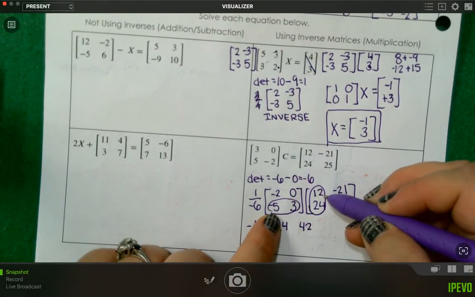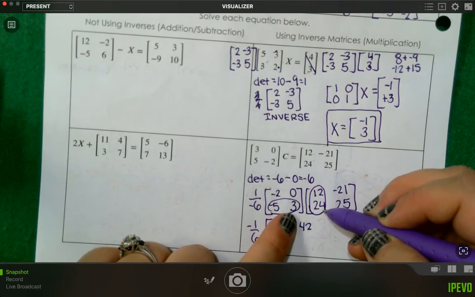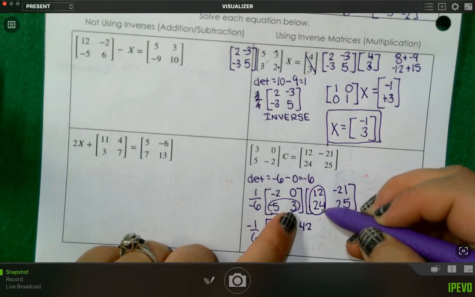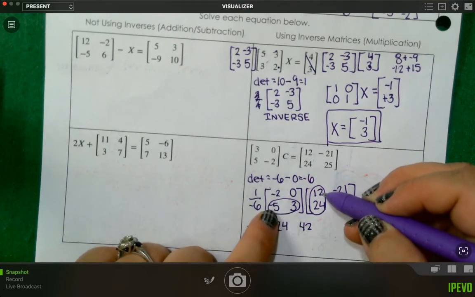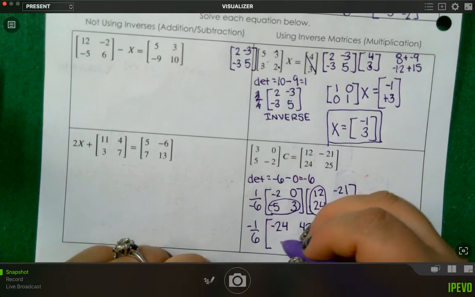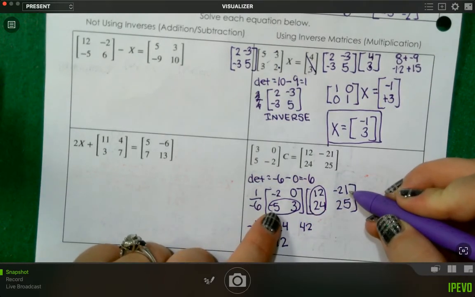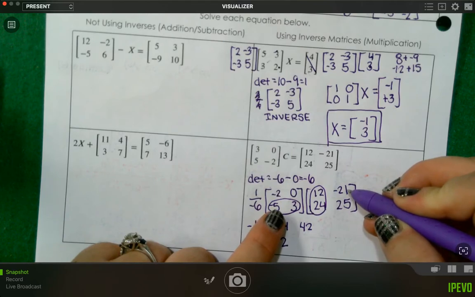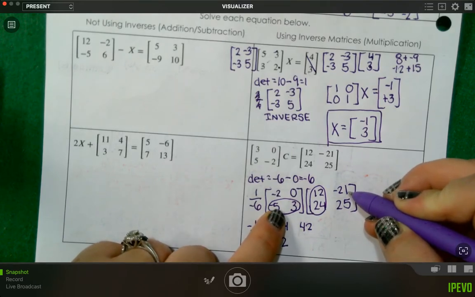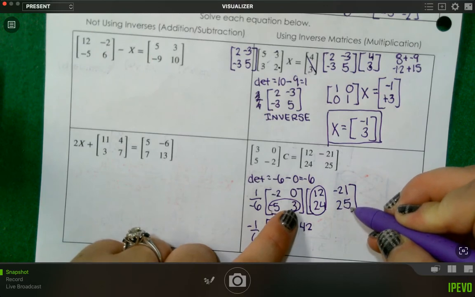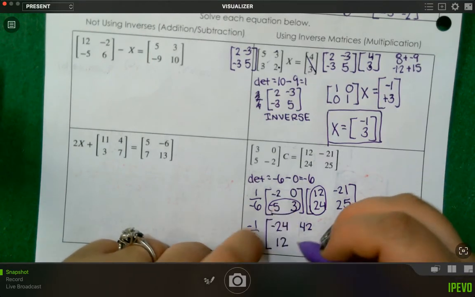Negative 5 times 12 is negative 60, plus 3 times 24 is 72. Negative 60 plus 72 is 12. And then we have positive 105 plus 75. 105 plus 75 is 180.